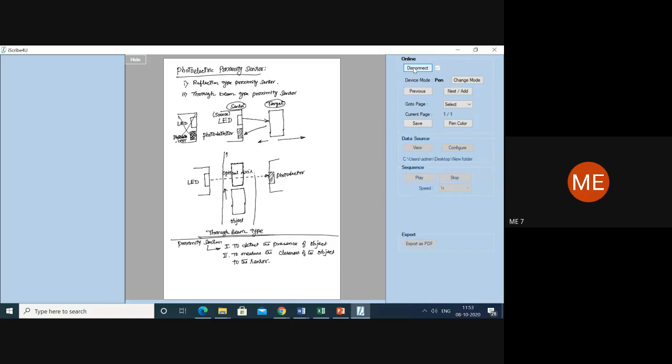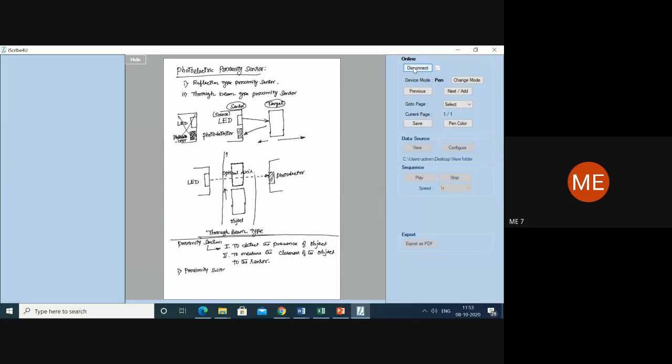Based on this, we have done different types of proximity sensor. I'm just consolidating and closing the proximity sensor. The first type is proximity switches.